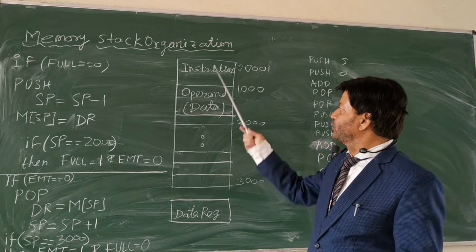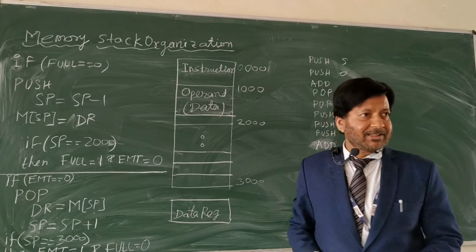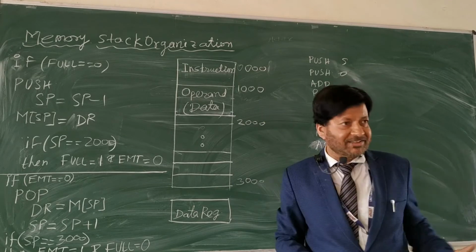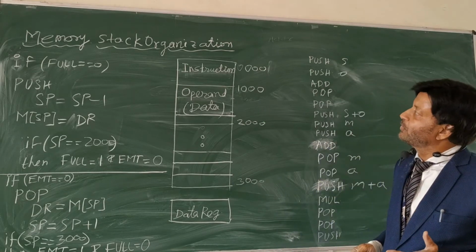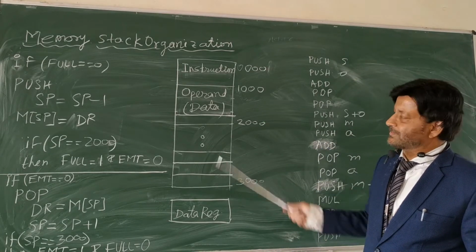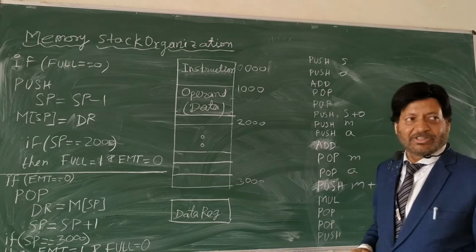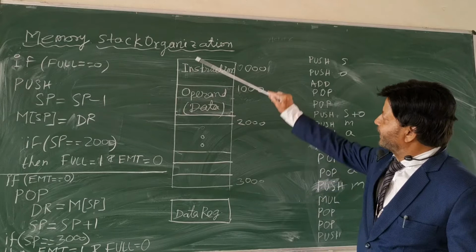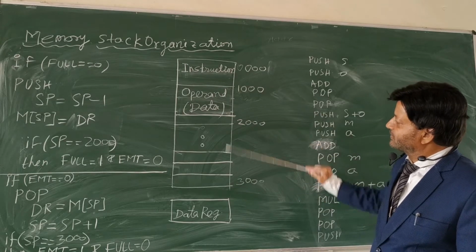So this is a huge memory and we are considering this as a stack, but we could not consider the entire memory as a stack. So we can consider a part of this entire memory as a stack. So this is our stack.